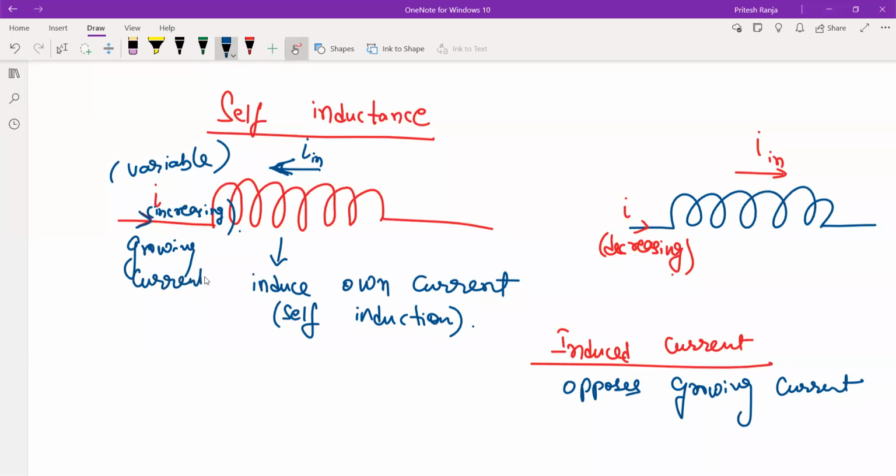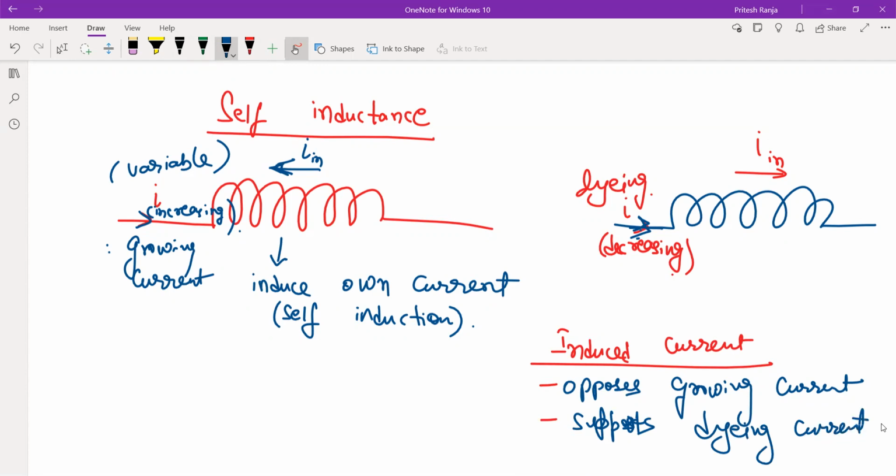So induced current is actually opposing growing current here, and here the current is, one can say, dying. Current is dying or decreasing. So induced current opposes growing current and it supports dying current, right? Wherever the current is decreasing, this induced current will support it. That means it is induced or produced in that direction.